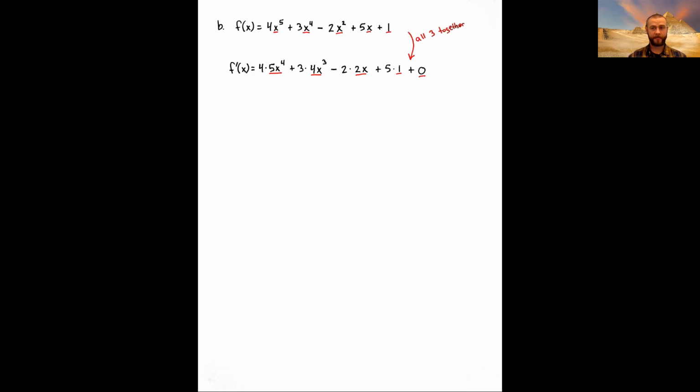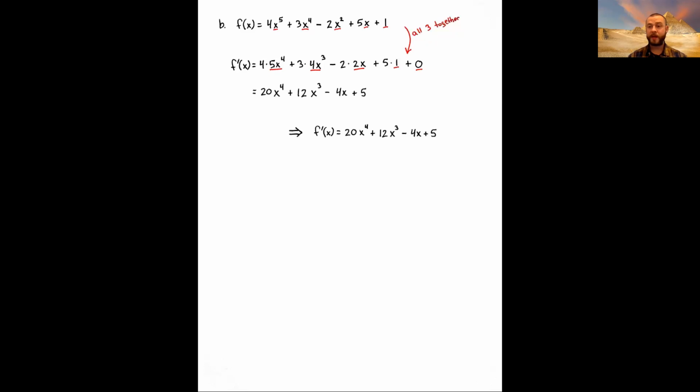Again, 4, 3, -2, and 5 are constant multiples, and they just multiply the individual simpler functions, the powers of x, and their derivatives. The rest of it here is just cleaning this up, just multiply out, and we get our derivative here as 20x to the 4th plus 12x cubed minus 4x plus 5.